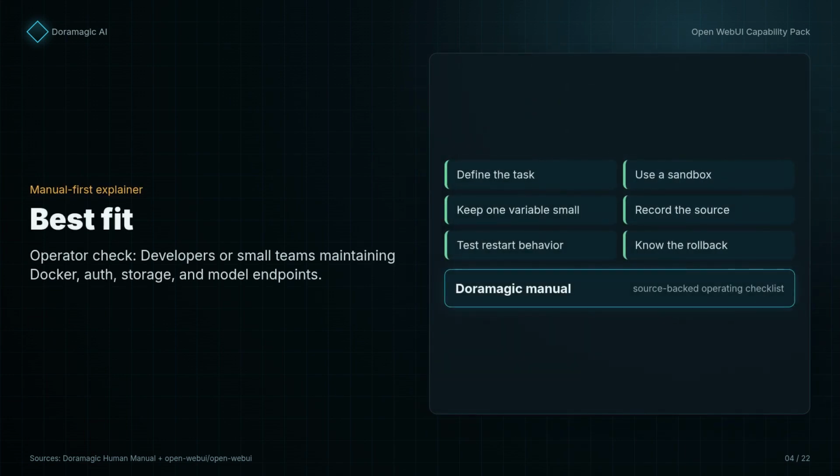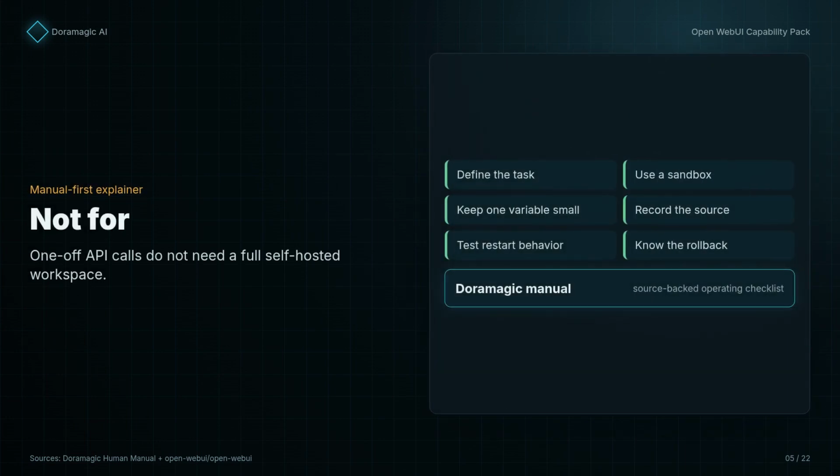Start with the fit. Open WebUI is strongest when you want a web interface for Ollama, OpenAI-compatible endpoints, and self-hosted model workflows. It is a good candidate for developers or small teams that can maintain Docker, volumes, authentication, networking, and reverse proxy settings.